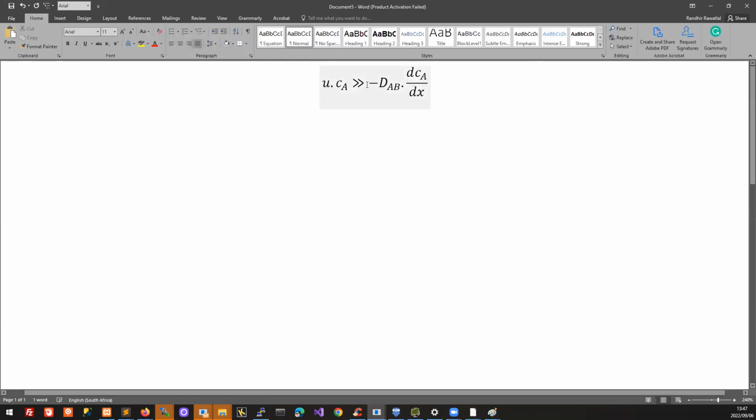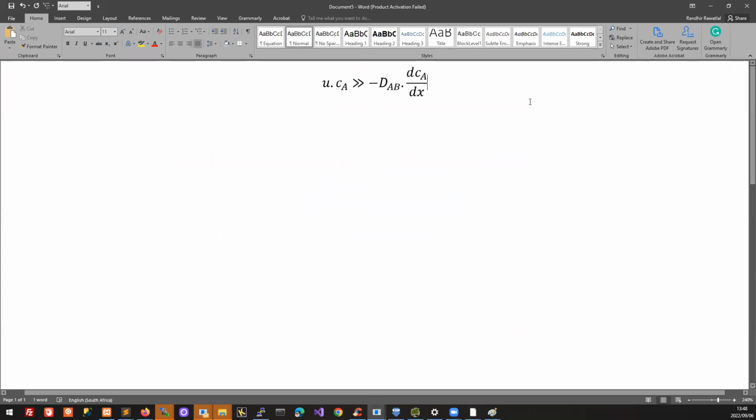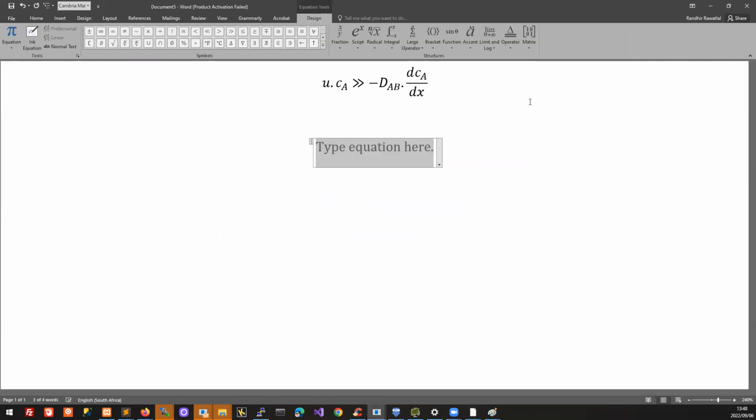Right, so if that's the case, then our equation becomes much simpler, and that means we can effectively ignore that part. And so we can then say simply the rate of change of concentration, dCA/dt, is approximately equal to minus u dCA/dx. And this equation is much easier to solve.